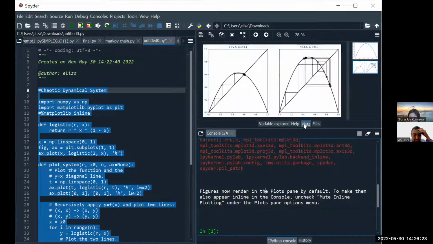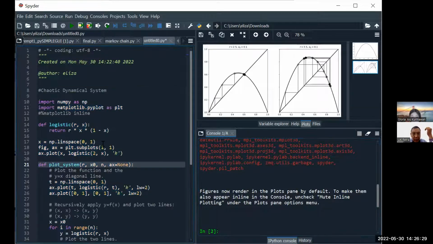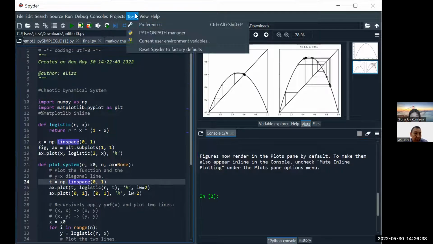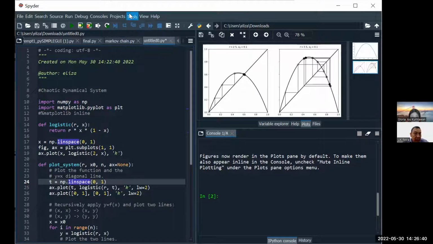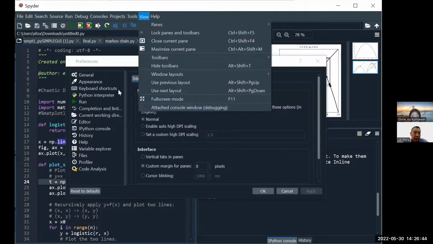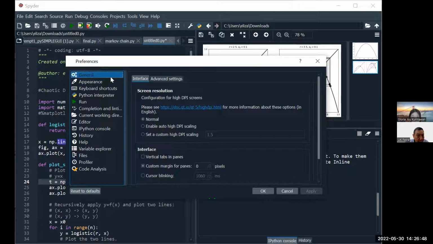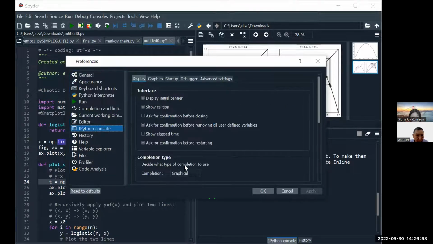So uncheck the inline plotting, otherwise it will go inline. In your Spyder, in the tool preferences, then IPython console, and down there is a graphic setting.